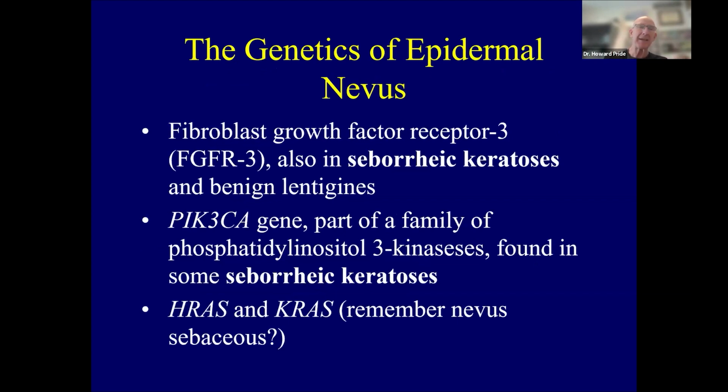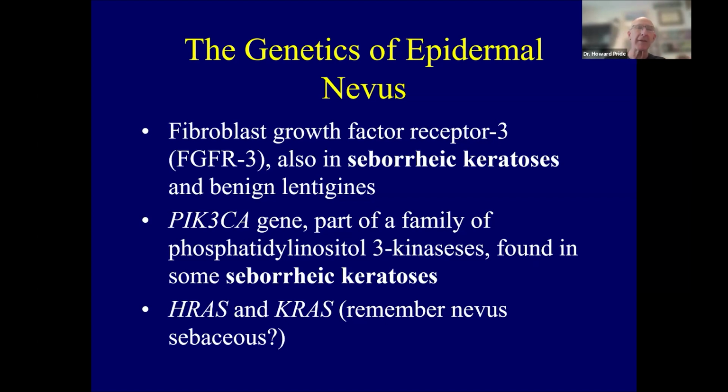Now, the genetics of what gene is mutated in these is a relatively recent discovery over the last 10 years or so. And with an epidermal nevus in particular, it's actually several different genes. But interesting to note that fibroblastic growth factor receptor 3 is actually the same gene that's mutated that leads to the formation of a seborrheic keratosis.